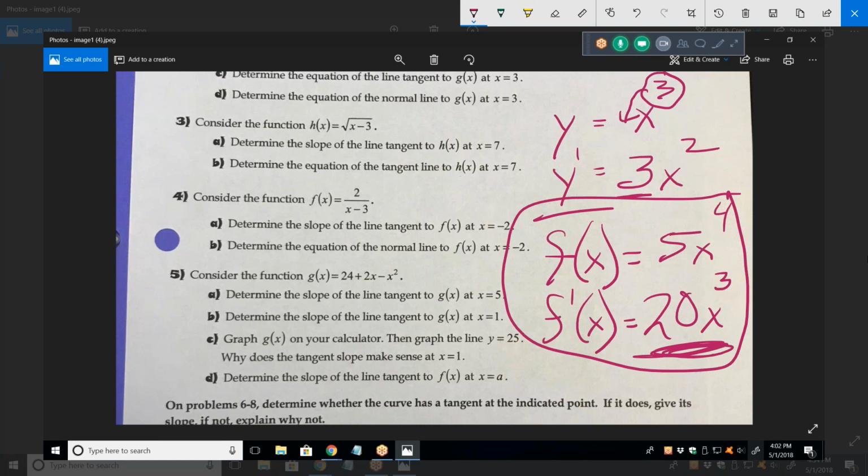Now, the ones that are really tough to do are ones like this, where there's a radical sign or it's a quotient. The ones like this aren't that hard. To figure out what g of x plus h is, is a piece of cake. So there's no hard algebra. I don't have to multiply by the conjugate. I don't have to find a common denominator. I just got to simplify it, and my answer will come a lot quicker.